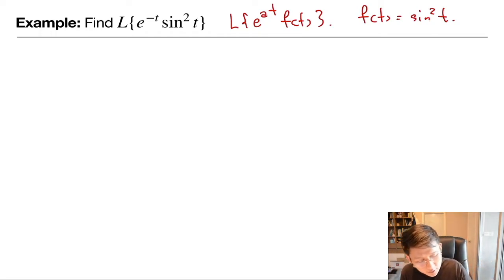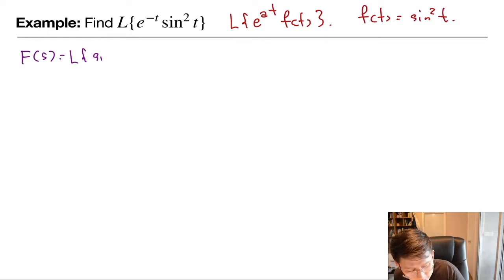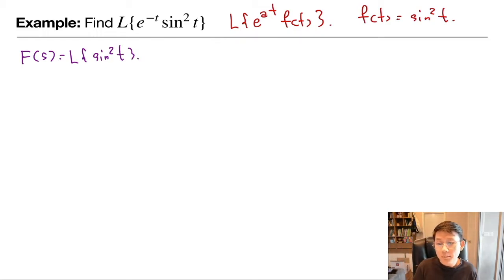So first, we need to find F(s), which is the Laplace transform of sine squared t. But before we apply the Laplace transform, we don't have the formula for sine squared. We need to somehow change sine squared to some other functions that we do have formulas for.